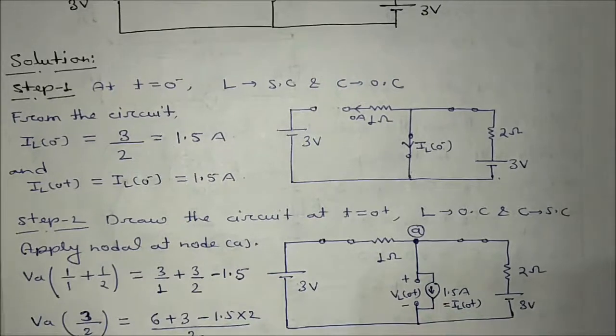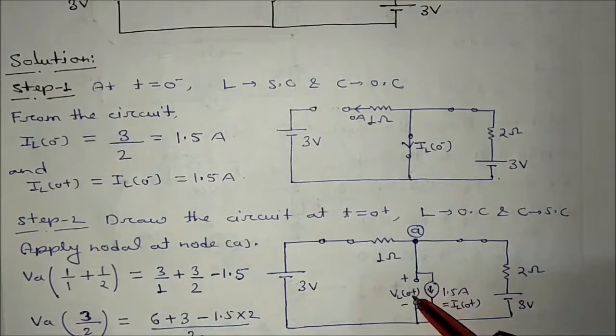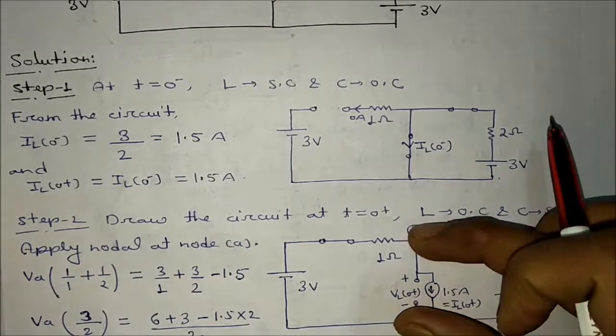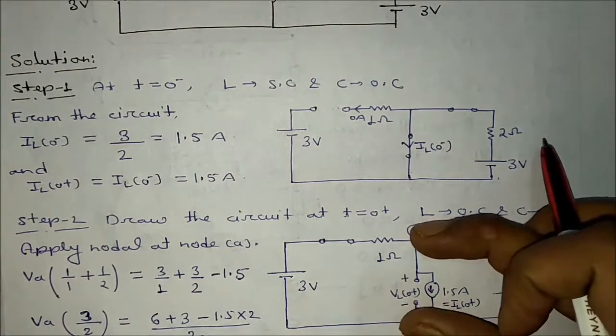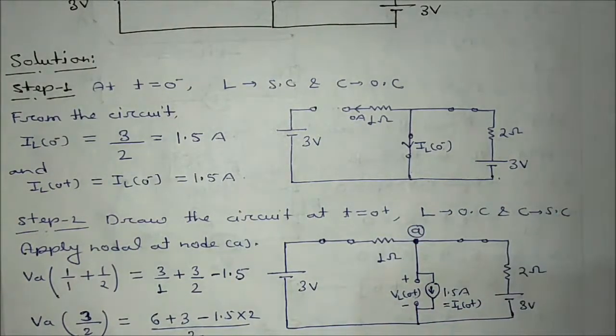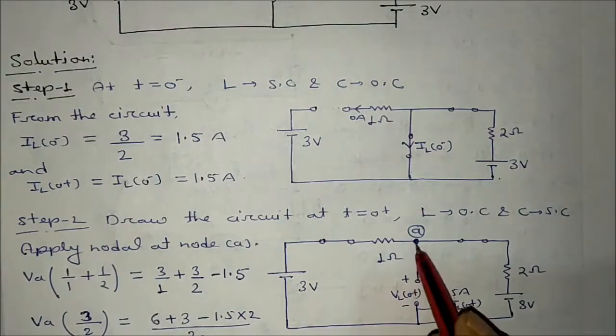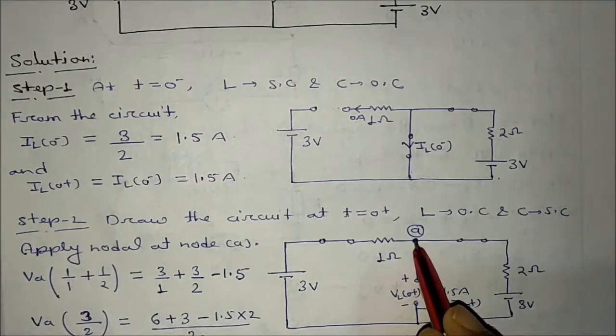So to get the rate of change of current, we know that VL is equal to L dI by dt, and so we have to find this VL0 plus first. You can see here this voltage VL0 plus, and this voltage we can easily calculate by applying nodal here.